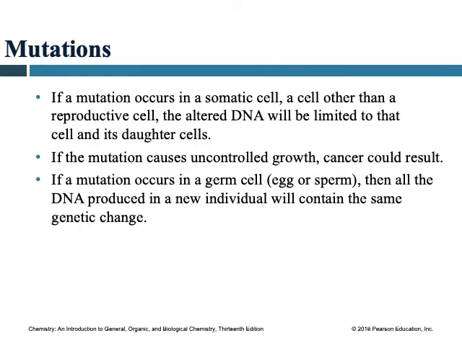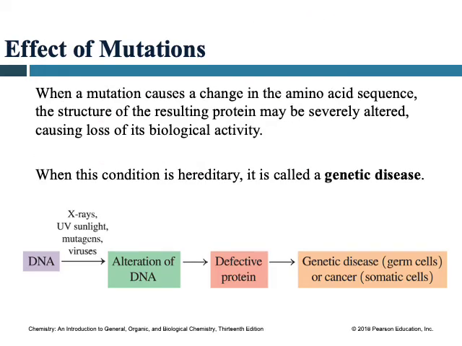So let's look at the effect of mutation. Let's say you start with DNA, and you expose the DNA to X-ray, UV light, chemicals or viruses that alter the DNA sequence. If you alter the DNA sequence, you are altering the mRNA sequence. If you are altering the mRNA sequence, you are altering the protein sequence, or you are producing a defective protein, because you might not have the right amino acid sequence.